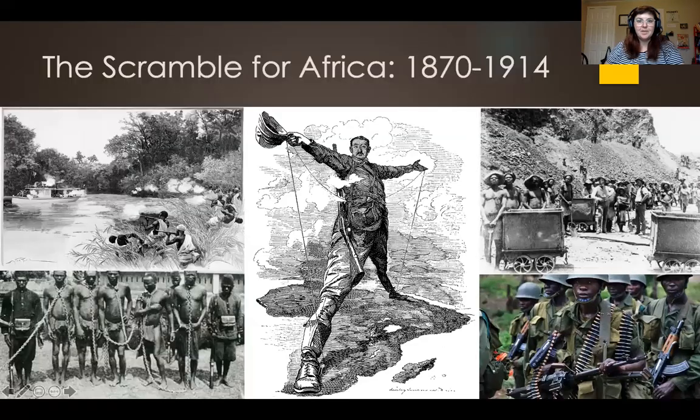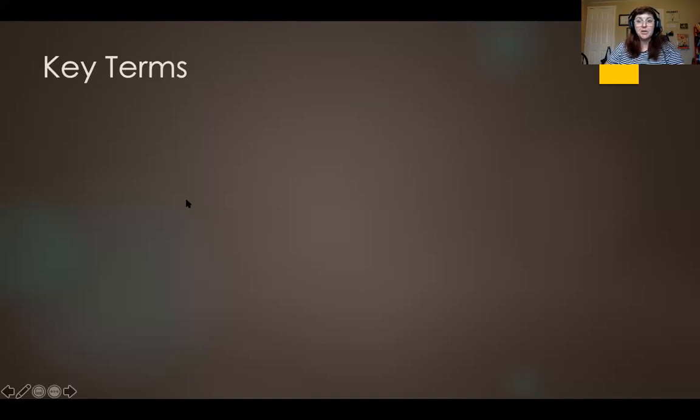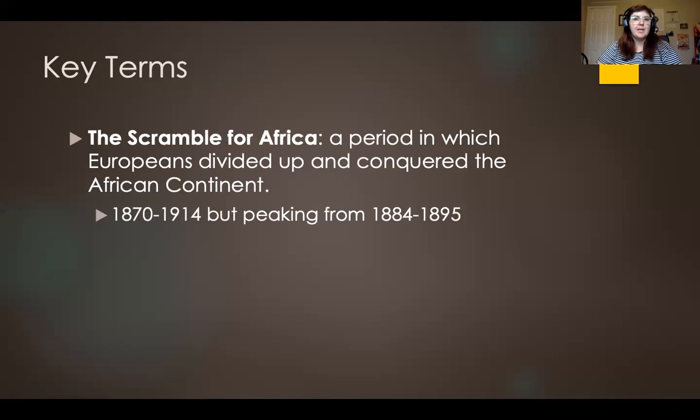Okay. So the scramble for Africa begins around 1870 and lasts until the start of the First World War in 1914. All right, so a couple of key terms, and definitely write these down, they're just like vocabulary. So we can formally define the scramble for Africa as a period in which Europeans divided up and conquered the African continent.